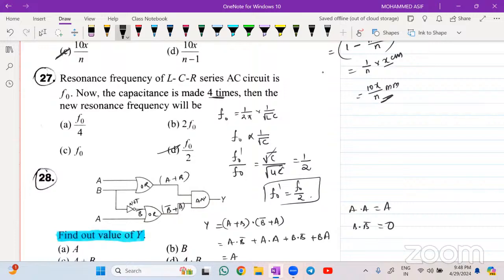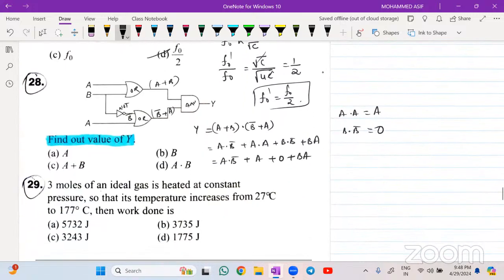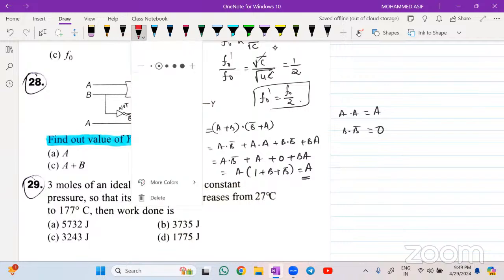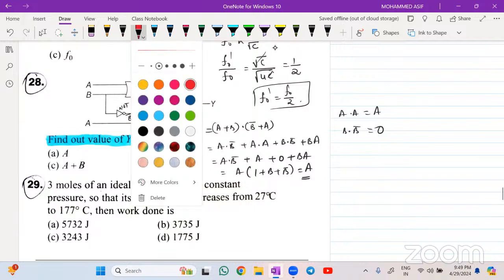That means this value will be equal to A dot B bar plus A, right now equal to A plus B dot B bar will be equal to 0 plus B into A, or A into B. Anything is fine for me. So for this one I can write here, A common for everywhere, and this will be equal to 1 plus B bar. So that will be equal to A. 1 added to anything will always be equal to 1. That is the reason I'm writing it as a pure 1. Clear? Check.